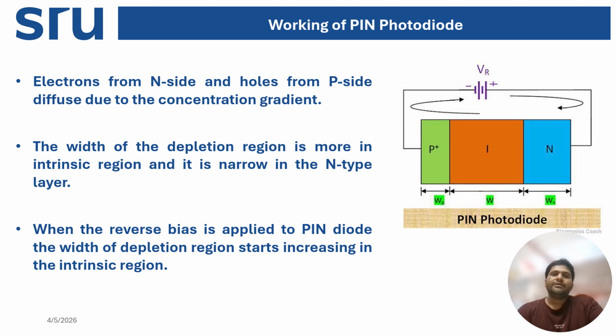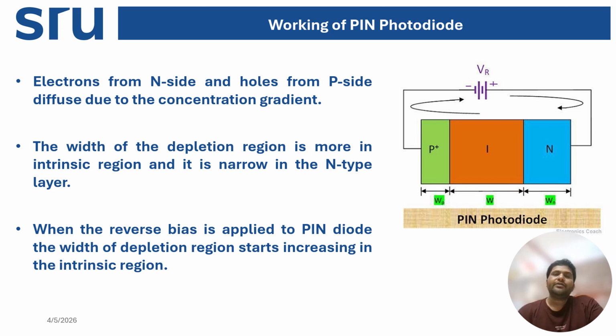Now let us understand the carrier separation by the applied electric field. Due to the applied reverse bias, the electric field quickly separates the carriers, meaning electrons move towards the N region. Similarly, holes move towards the P region.